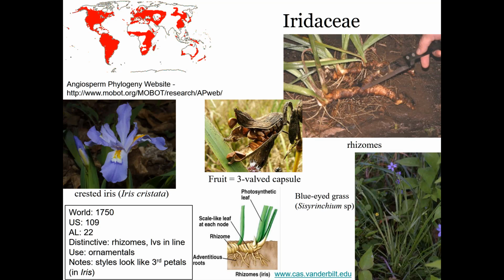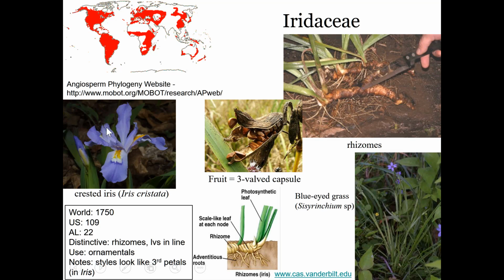Picture your arm and hand as being like the rhizome, and the place where your fingers are sticking straight up, that's the line that you see right here in this image. So this would be like your hand or your arm, that's the rhizome, and this is your fingers sticking up above the ground. That's the line that is very distinctive of irises.